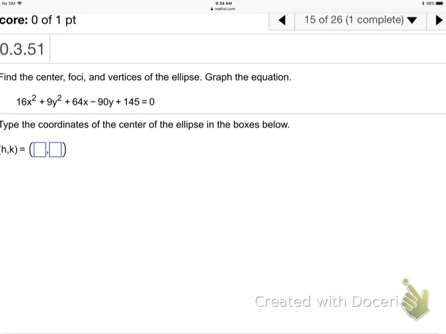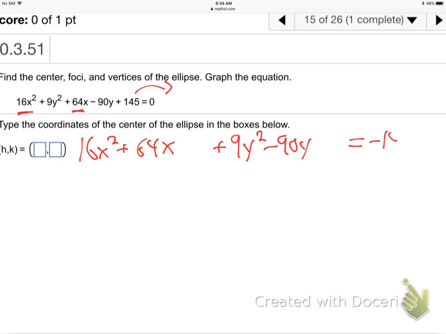All right, so what we have to do is organize the x's and the y's separately. So 16x squared, 64x, put those together separately. Keep the x stuff separate, and then you've got to keep the y stuff separate. 9y squared minus 90y, and then the 145, just toss it to the other side.